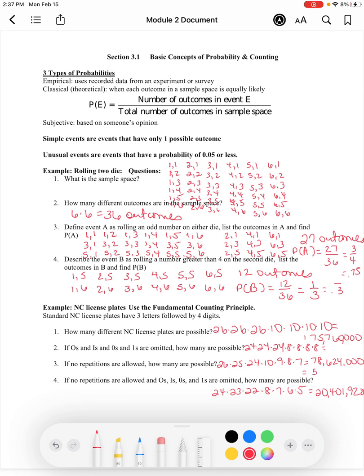And that is, whoops, in the wrong place. 566,23104. So, definitely a difference when you can have repeats versus when you can't have repeats.